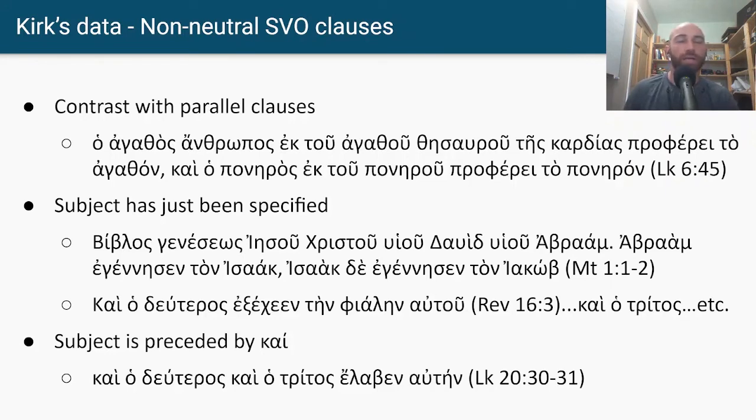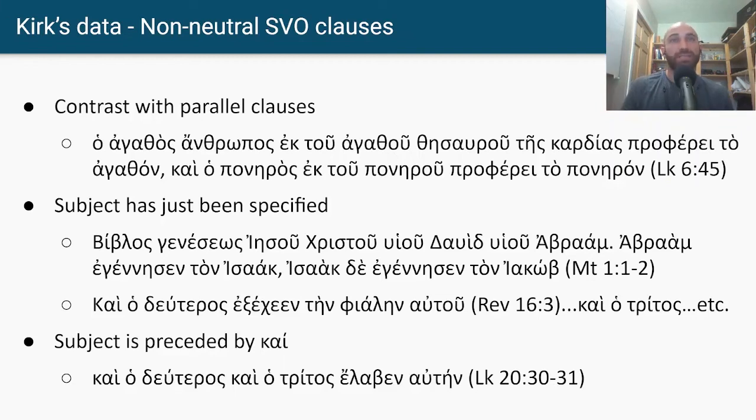So here, what she's saying is that kai is not a conjunction. It is this focus particle. And in that case, we have SVO. So the point is that with SVO, we have examples of this surface order in pragmatically neutral contexts, and we have examples of this same surface order in pragmatically marked contexts.